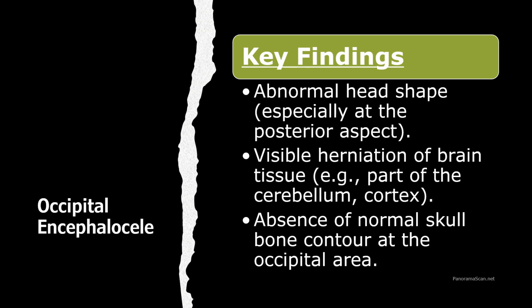This defect creates the opening through which the brain tissue or cerebrospinal fluid protrudes, a hallmark characteristic of this condition. These findings, when combined with the imaging clarity offered by 3D and 4D ultrasound, enhance our ability to diagnose occipital encephalocele accurately. In the next section, we'll discuss how these diagnostic insights influence clinical management and strategies.